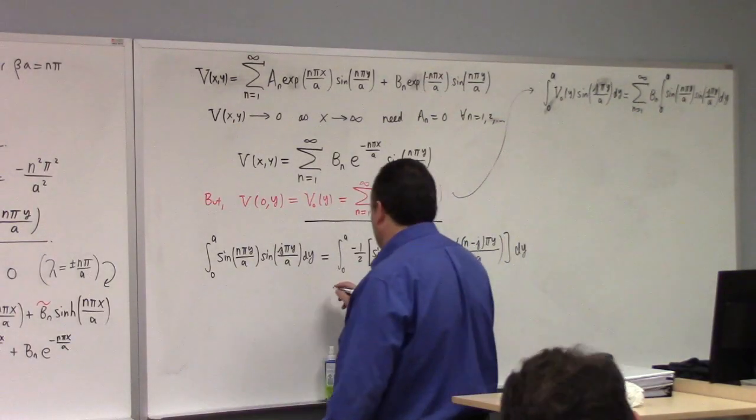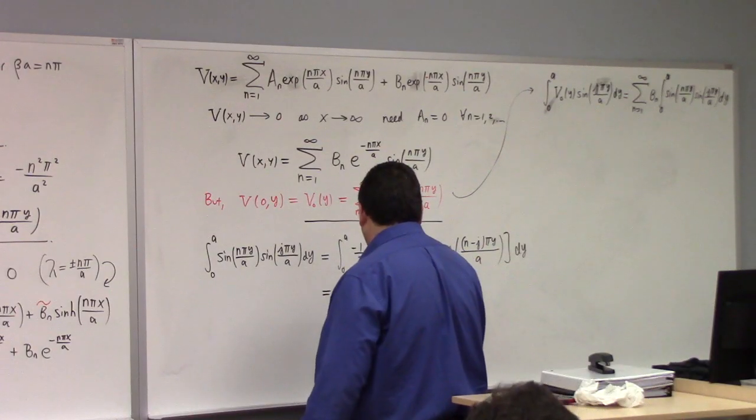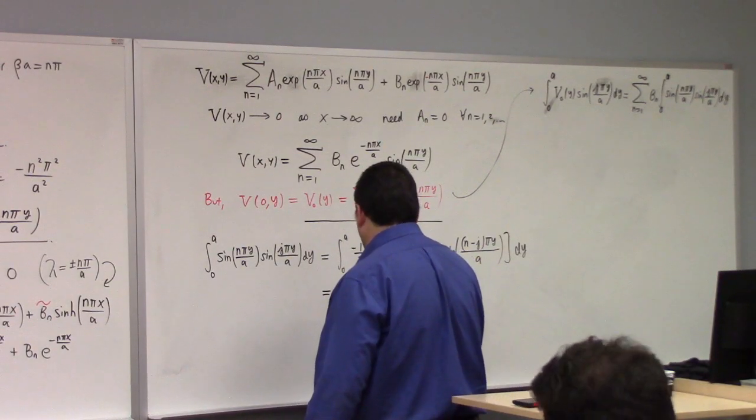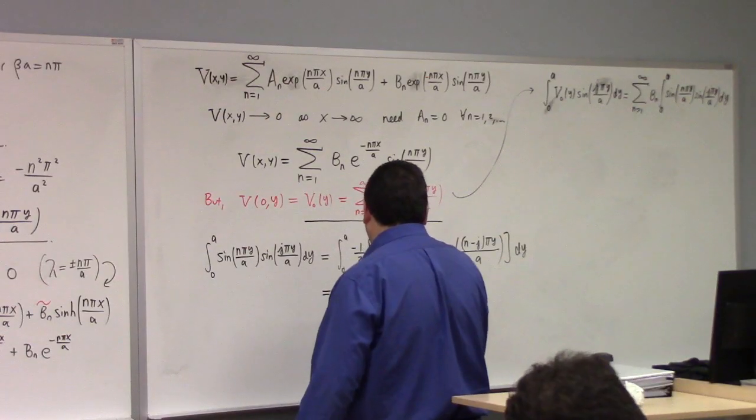And then the way that integrates is, there's a half that pulls out, and we make a substitution.